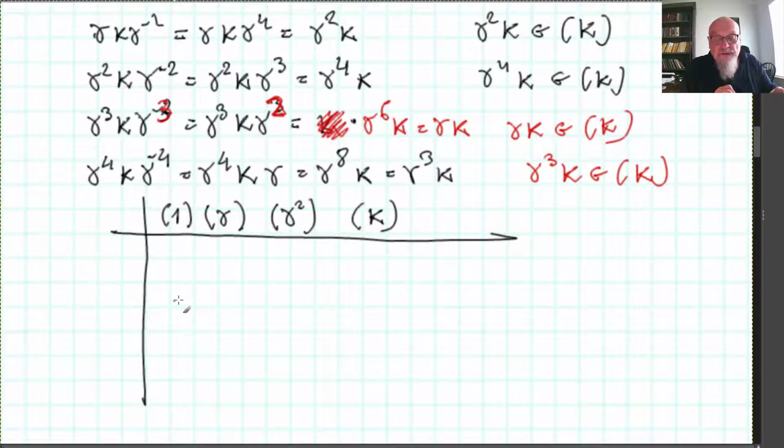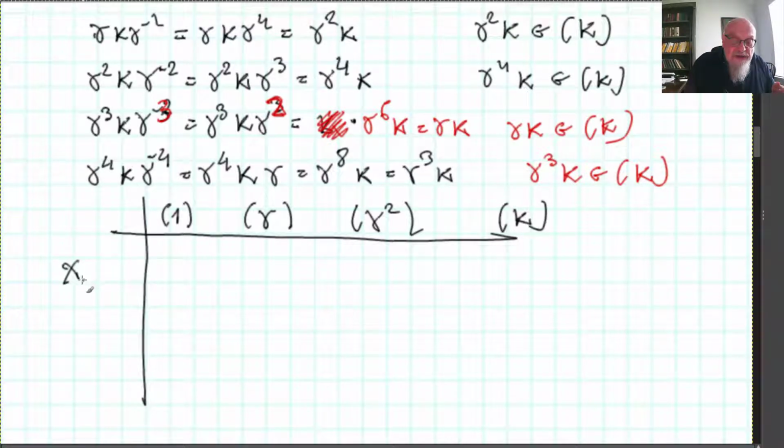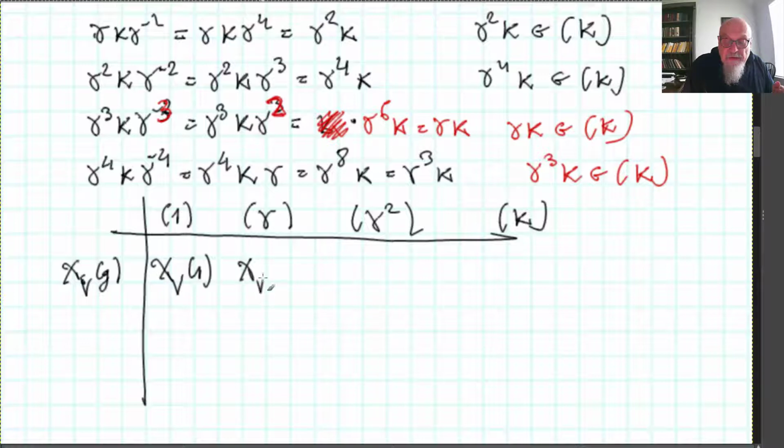Not good. Sorry. So we have to improve it. So put it like this: gamma, more space, gamma square, and the last one is kappa. And here we have the value of V on G. The first one I take is equal to 1, and that one is the rotation.